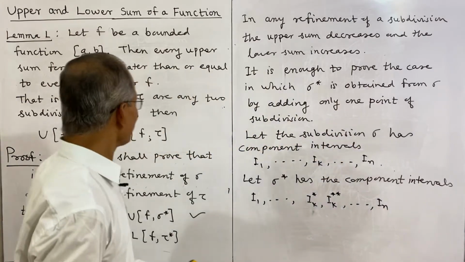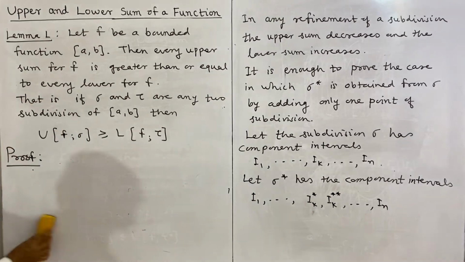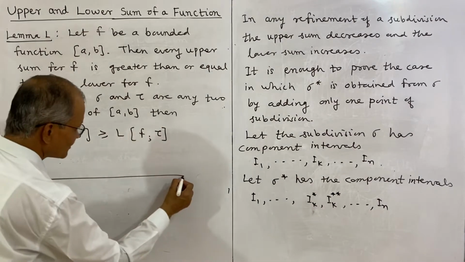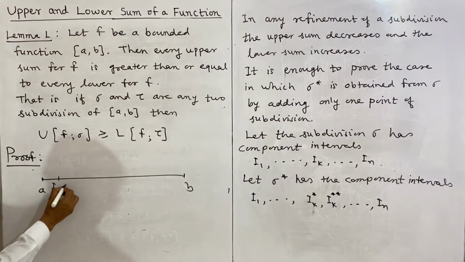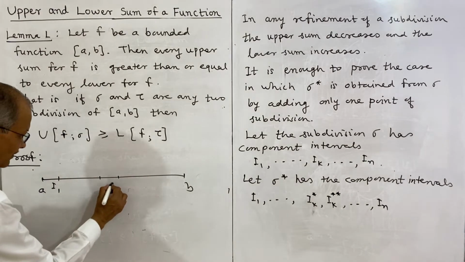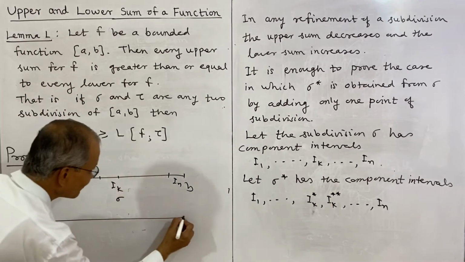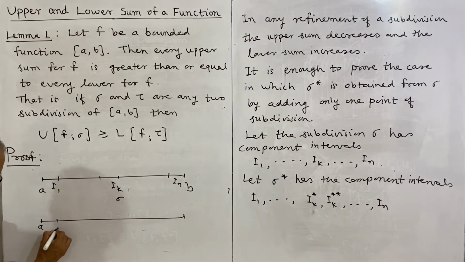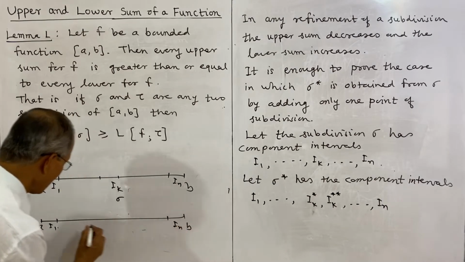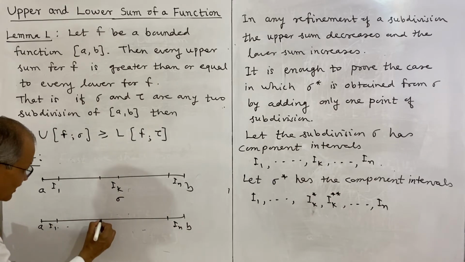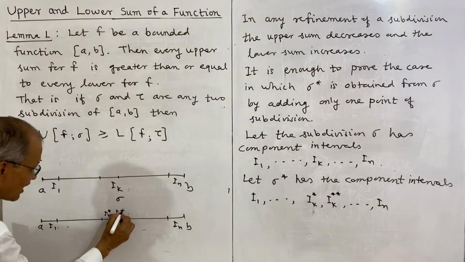So thus what we have done is this: if the interval is [a, b], and this is I1 first, and here it is Ik and this is In, this is sigma. In sigma star, I1 is the same and every interval is the same. Only this Ik is split in two parts. The first part is Ik star and the second is Ik double star.